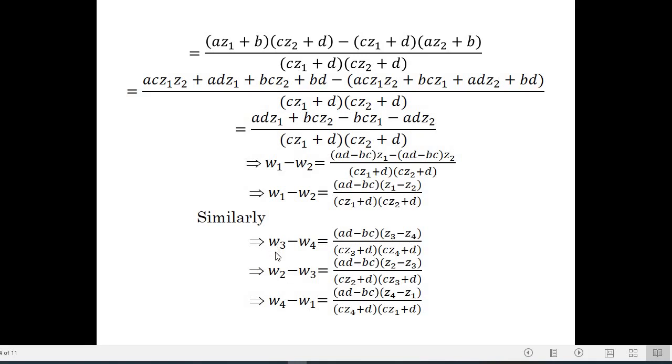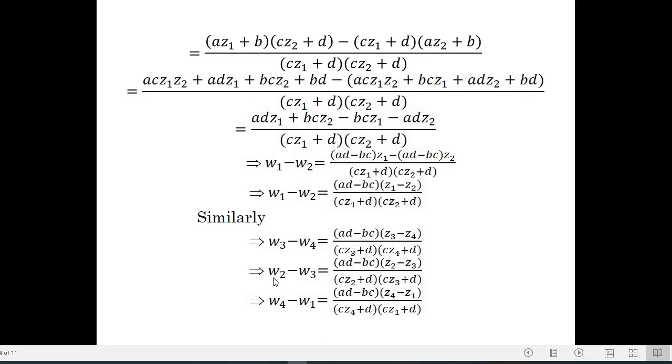Similarly, what is the value of W3 minus W4? It is equal to AD minus BC common, Z1 minus Z2 becomes Z3 minus Z4, whole divided by CZ1 plus D becomes CZ3 plus D, into CZ2 plus D becomes CZ4 plus D. We just replace Z1 and Z2 by Z3 and Z4.